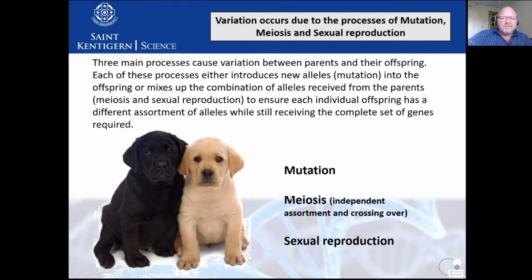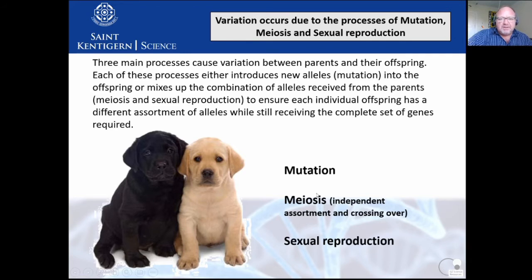Now, there's two other things that bring in variation, and that is during meiosis, when the mom and the dad produce eggs and sperm. There's a mix-up of the grandmother and grandfather's genetic material, and that's called crossing over and independent assortment. So if there's an egg, it's got a mix-up of the grandparents of that egg's genetic material, because, remember, she's got one chromosome from the mom and one chromosome from the dad, and she's got 23 pairs of these.